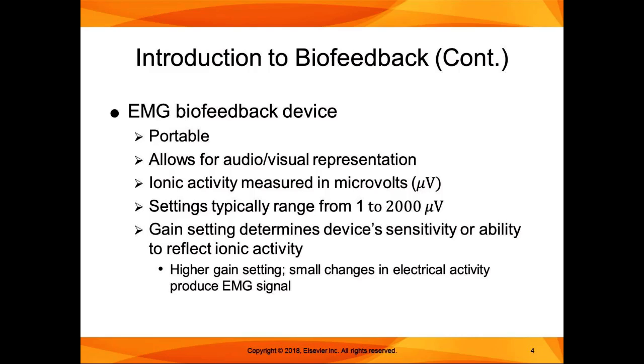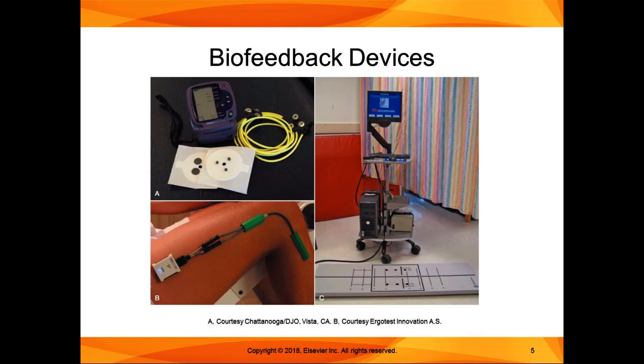As someone gets better, it might need to be less sensitive. When they don't have muscle action, it has to be very sensitive. So it allows you to give that patient the feedback that they need to know that they're contracting the correct muscle, basically.